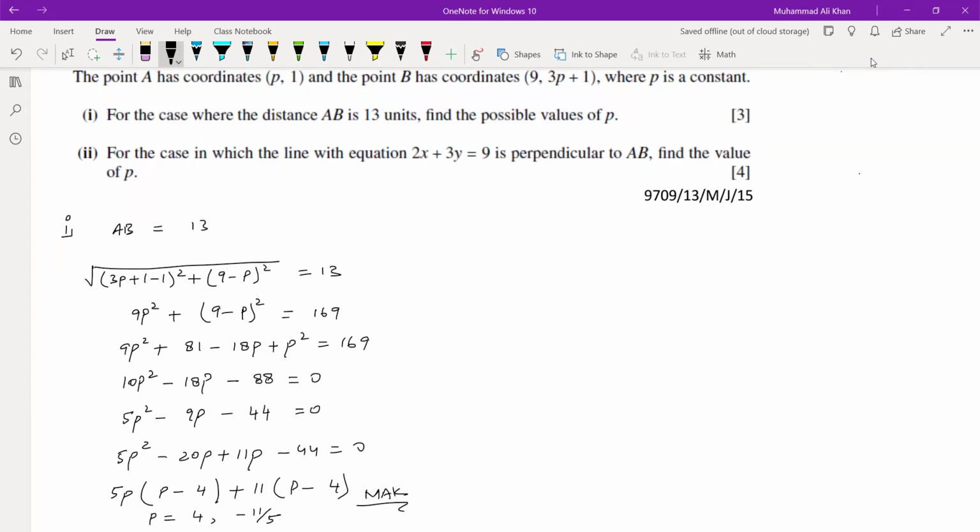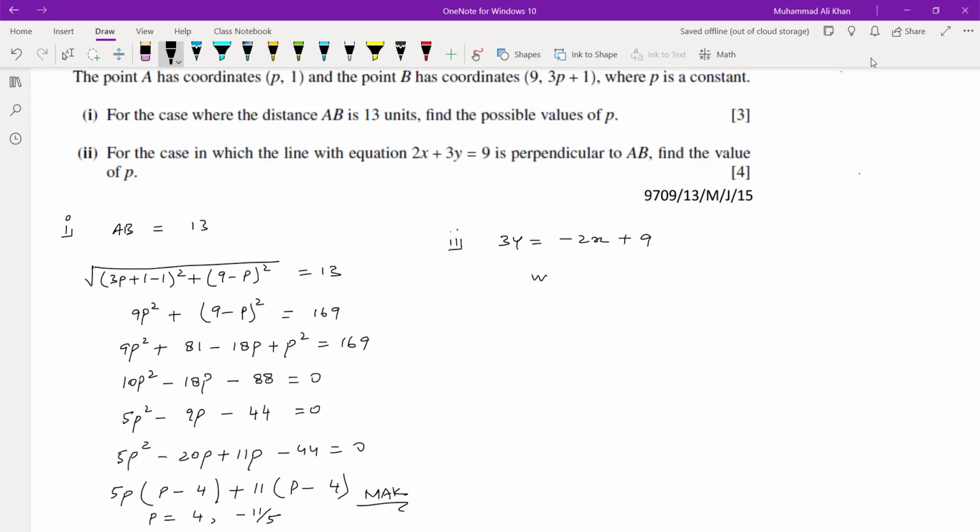Any confusion? Hopefully no. After that, second part. What we have in the second part: for the case in which the line with the equation 3y equals minus 2x plus 9 is perpendicular to AB, find the value of p. Now what are they saying? There is a line which is perpendicular to AB, and we have to calculate the value of p. The perpendicular and parallel concept comes with gradients. So what is the gradient of the line 3y equals minus 2x plus 9?